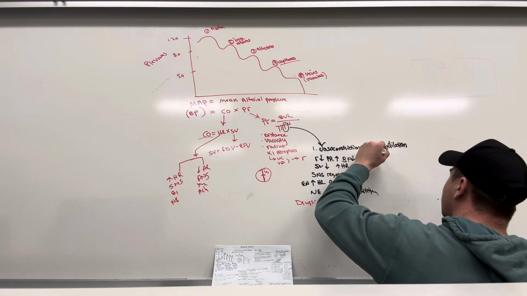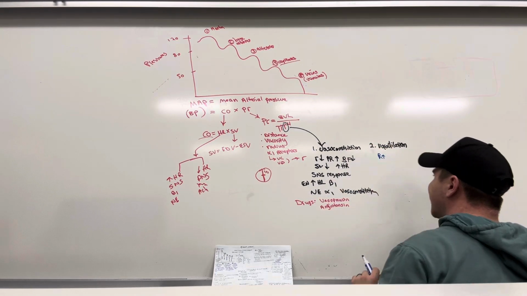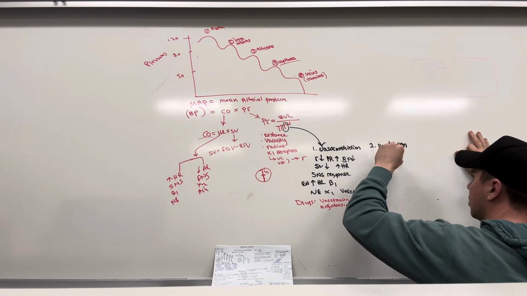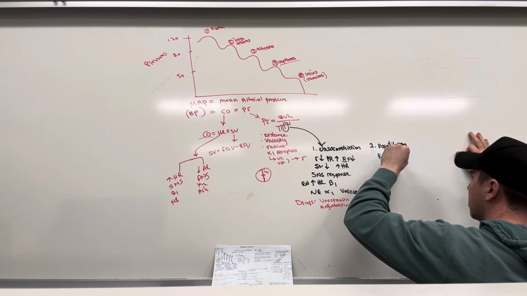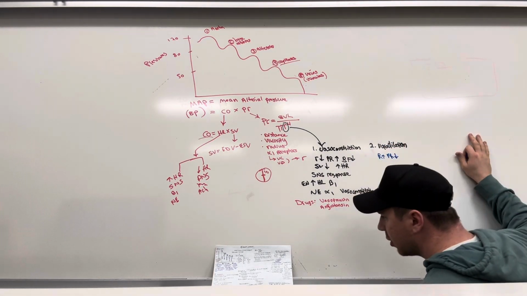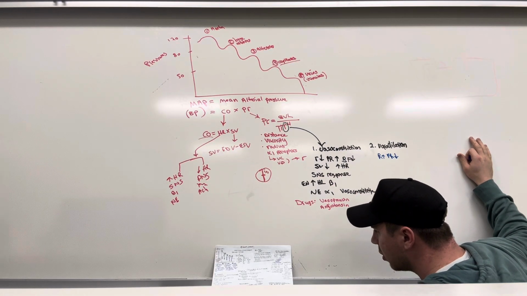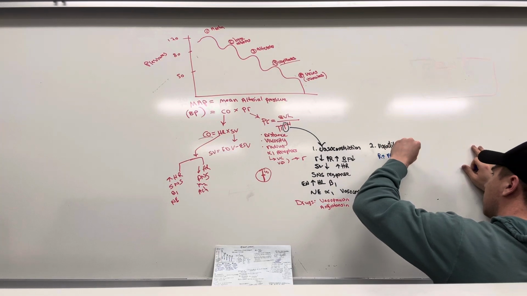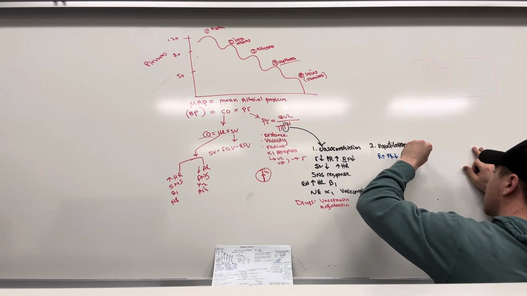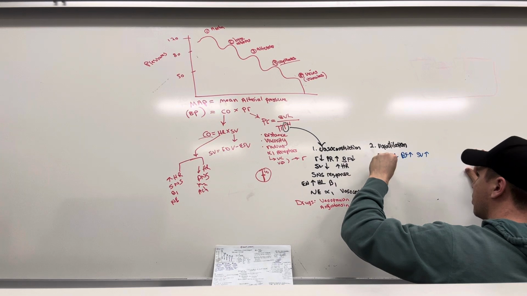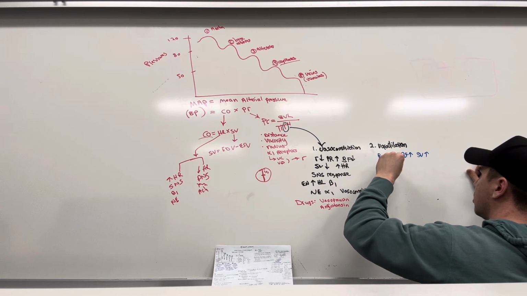So in vasodilation, we're going to increase, not resistance, but radius. Peripheral resistance will decrease, which means our blood flow will increase, and our stroke volume will increase. So we'll decrease our heart rate.